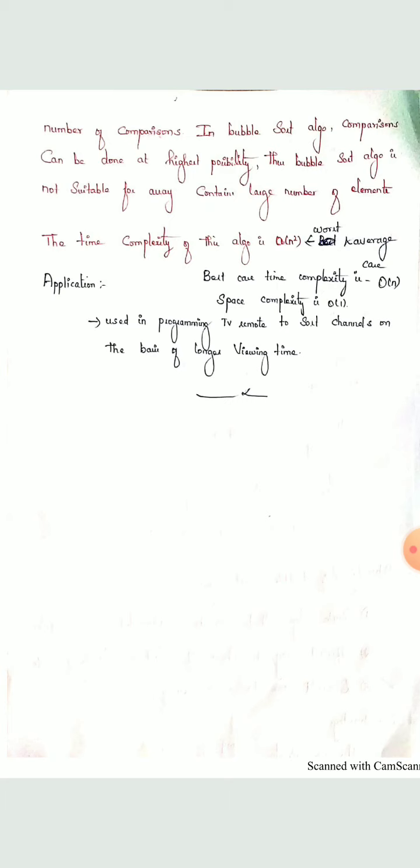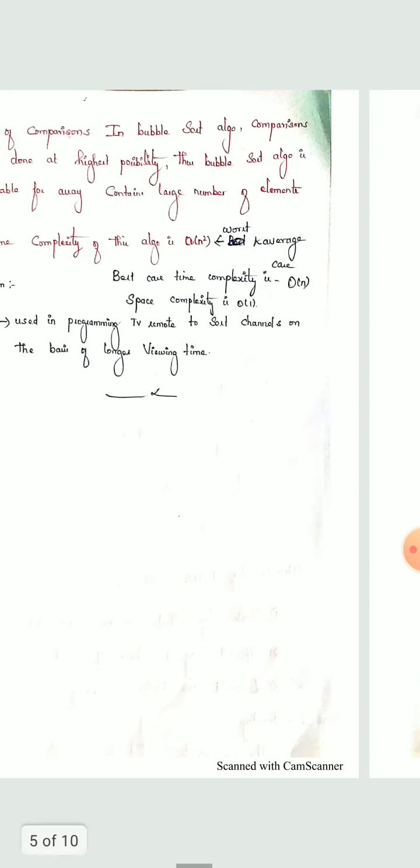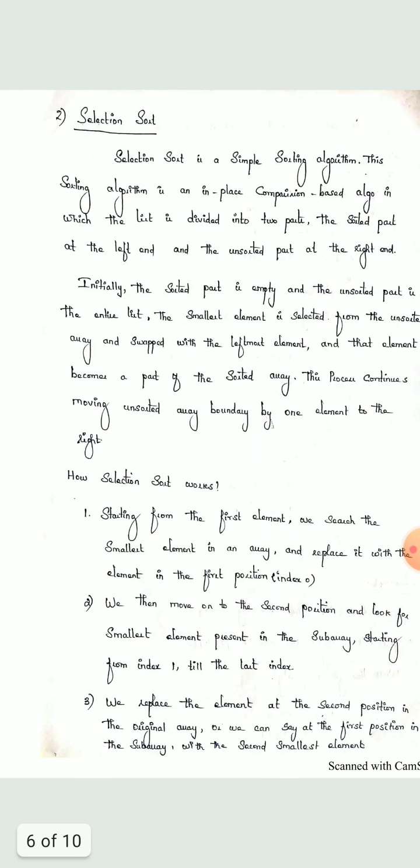So that is big O of 1, the space complexity. The application where bubble sort is mainly used is in TV remote programming. They use the bubble sort technique to sort the channels based on the longer viewing time, right? That is one of the main applications of our bubble sort.